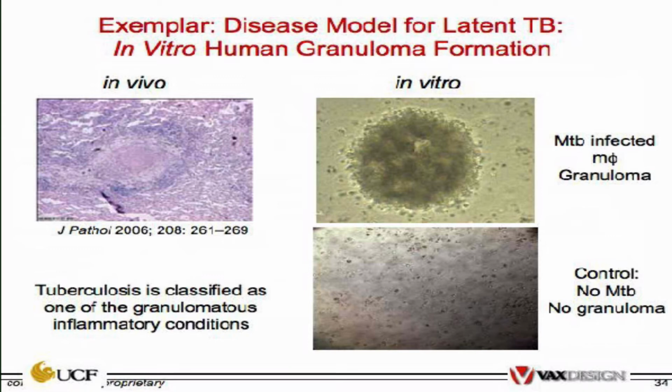We have recapitulated the granulomatous formation in three-dimensional constructs that we have, and we can drive Mycobacterium tuberculosis to become latent in our system. Obviously, we have not found an antibody yet that will kill it in its latent stage, but we sure would like to find that.